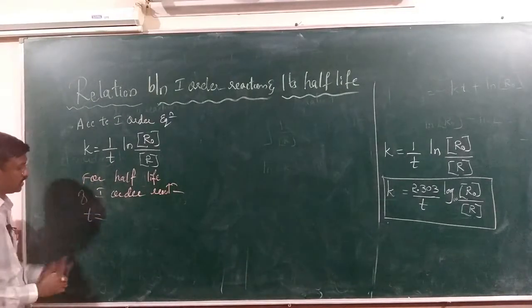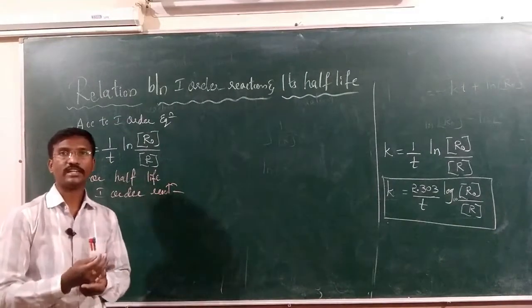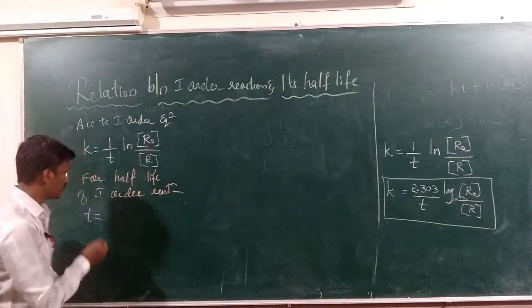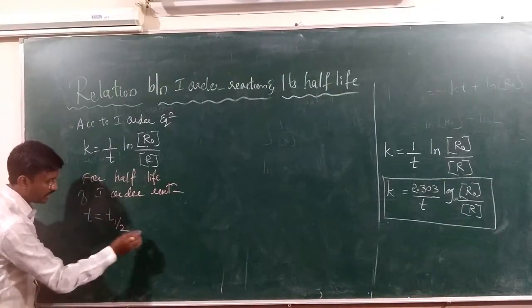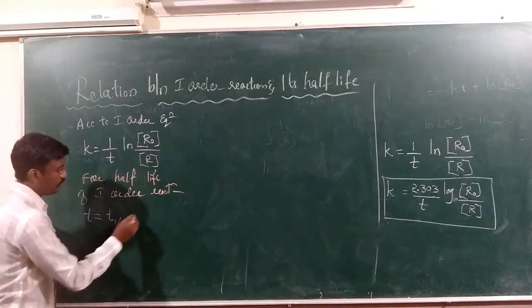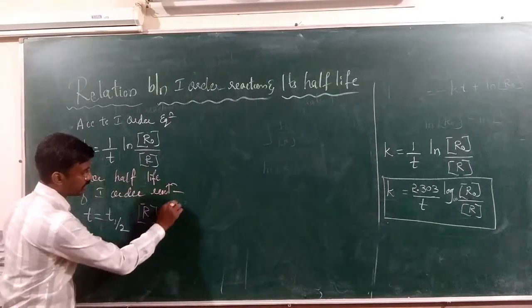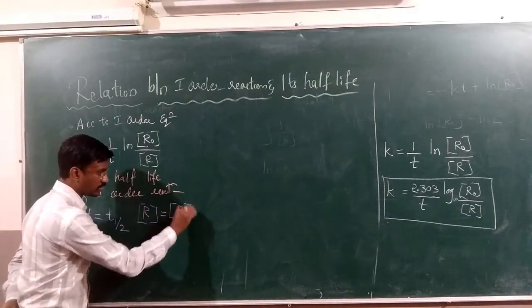For t, we have to take t half, then only the reaction time becomes the half-life of the reaction. When we take t equal to t half, then the concentration of the reactant becomes half of the initial concentration.